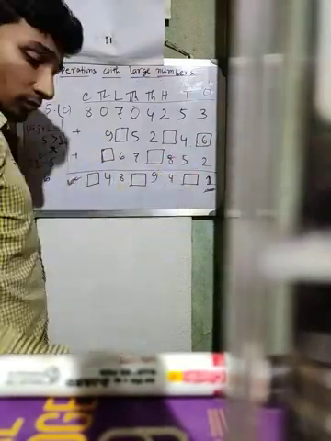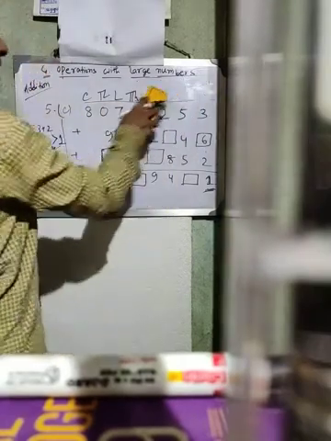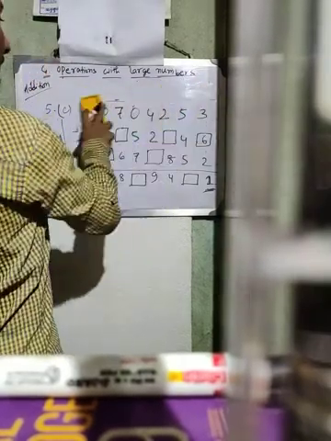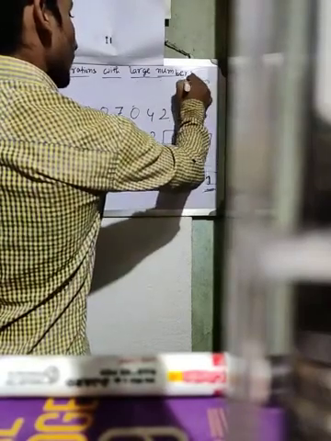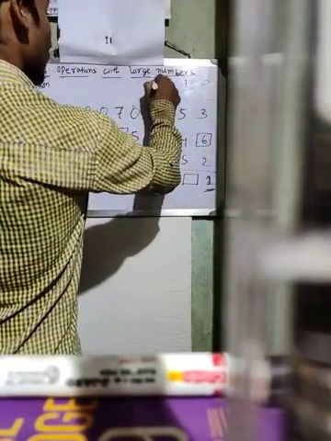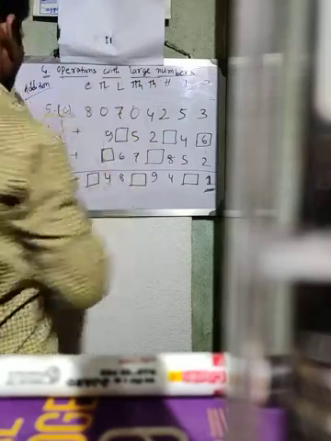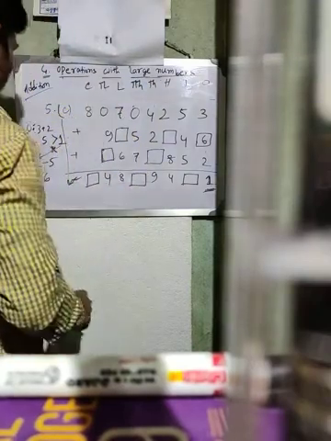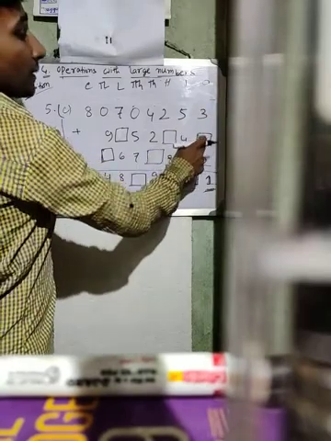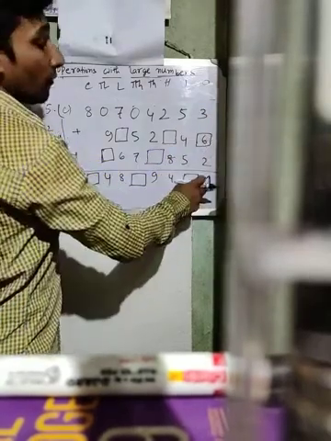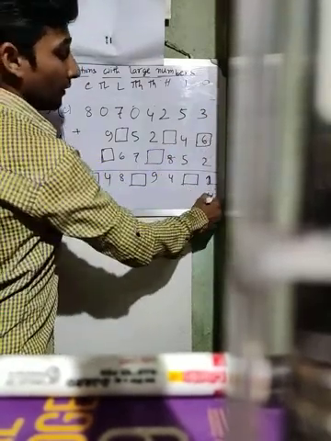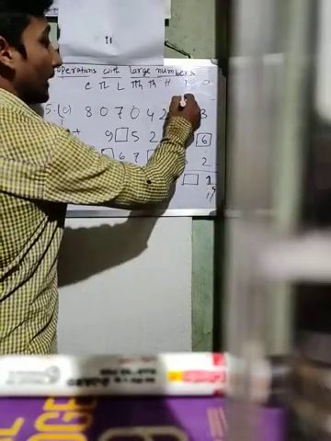Okay, so now ones, 10, 100, 1000, 10,000, lakh, 10 lakh. Now you say 6 plus 3 plus 2 is 11. So if 1 is here, 11, 1 is here, so 1 must be the carry.